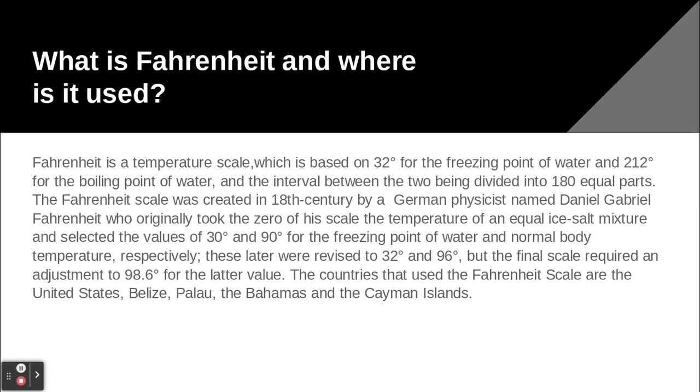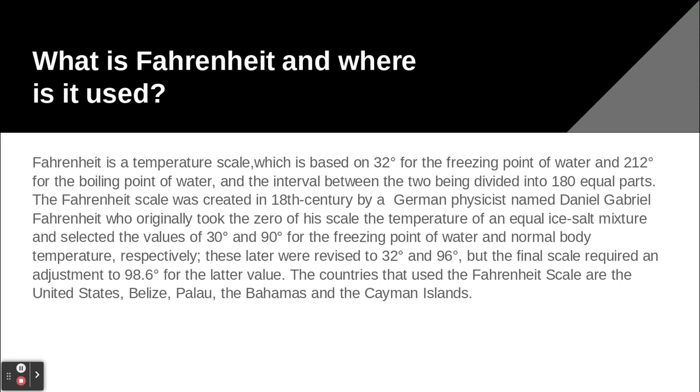The Fahrenheit scale. The Fahrenheit scale of temperature is based on 32 degrees for the freezing point of water and 212 degrees for the boiling point of water, with the interval between the two being divided into 180 equal parts.